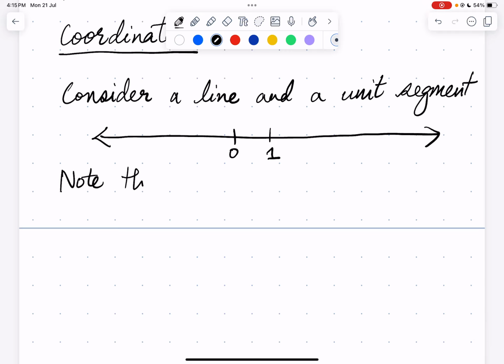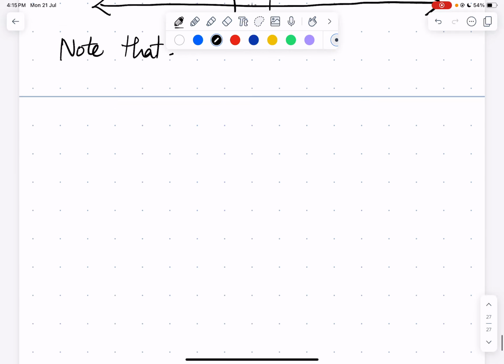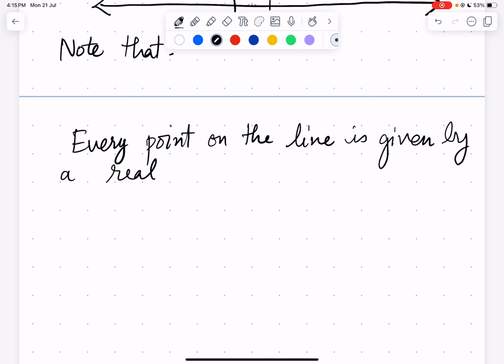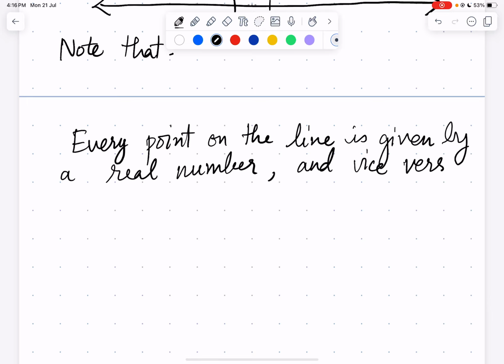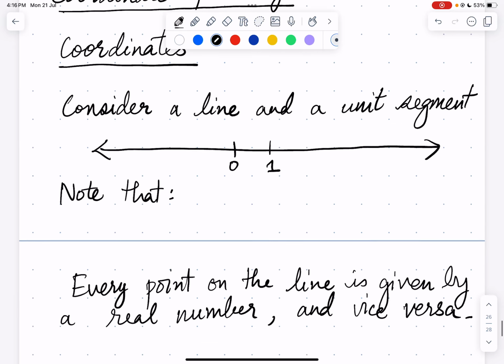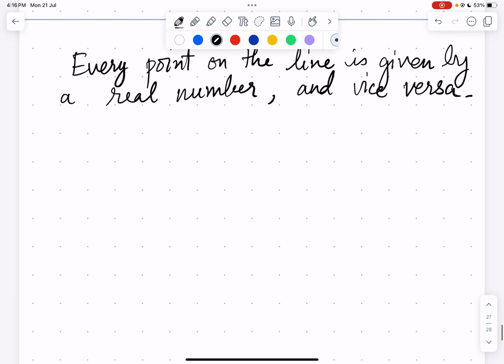Note that every point on the line is given by a real number and vice versa. Every real number gives a point on the line. So in a way, points on the line can be specified using numbers, real numbers.